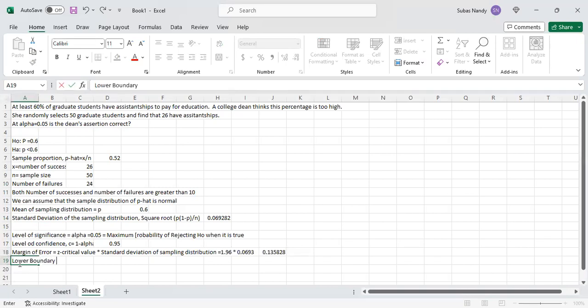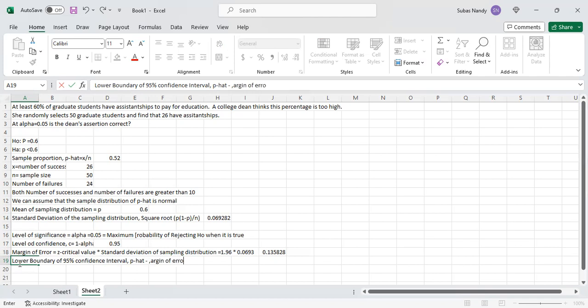So the lower boundary of the 95% confidence interval is P hat minus margin of error.